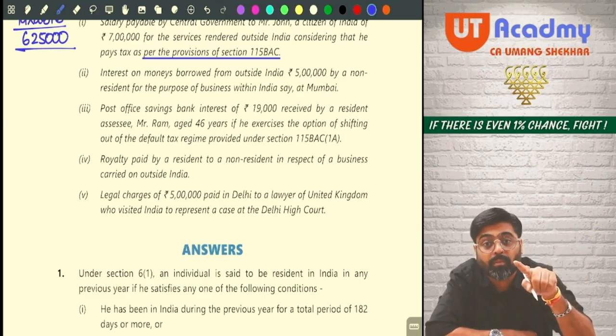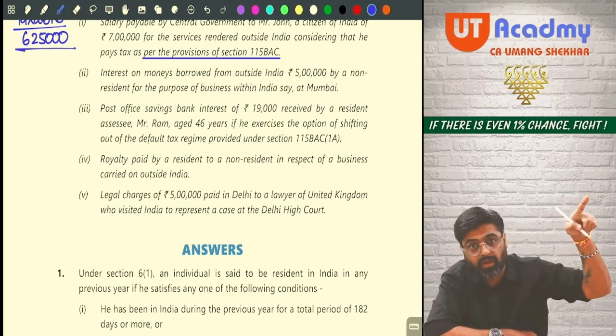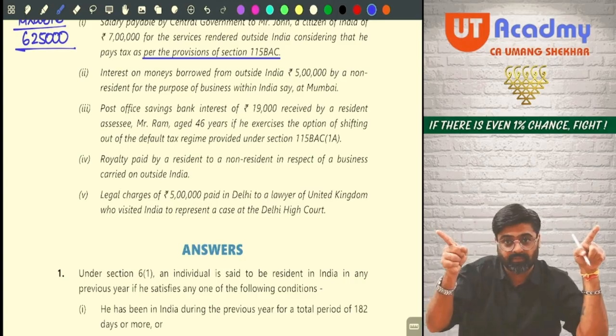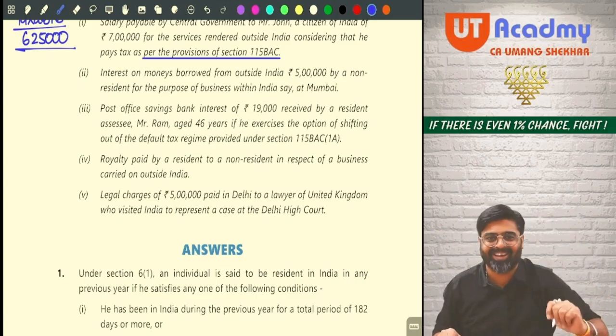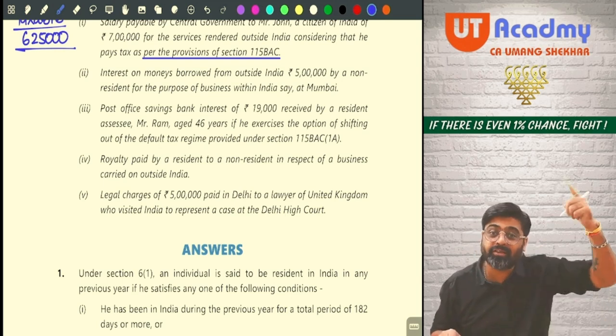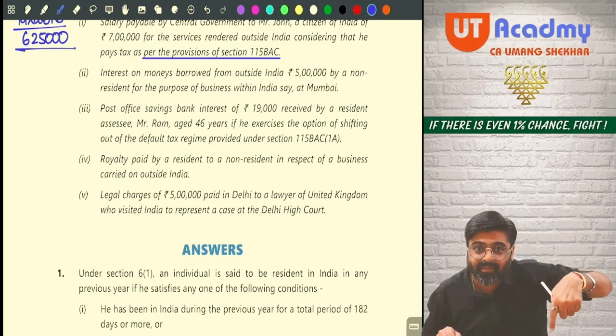So who is borrowing money from you? The non-resident is borrowing money from you, who is outside. On that borrowing, he is giving you interest. But that borrowing, that loan, he is using to do a business in India. So is that non-resident using your money in India? Yes.